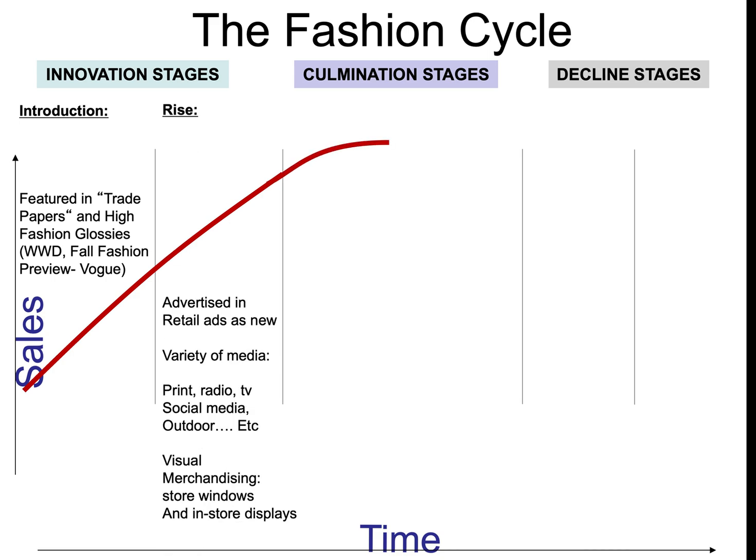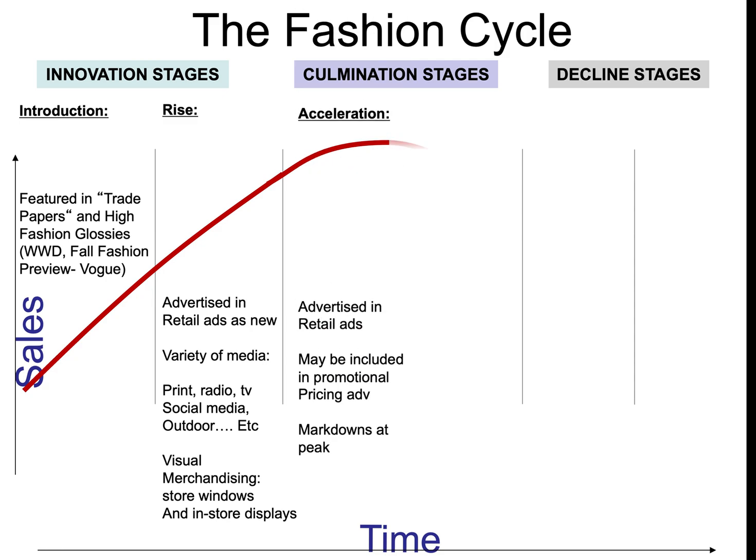As we look at the rise stage, it's advertised in retail ads as something new. And so here we're going to see it in store windows. This is going to be something the stores are going to start pushing via their social media and outdoor advertising. As we get to the acceleration stage, still in retail ads, but now we're looking at promotional price points.